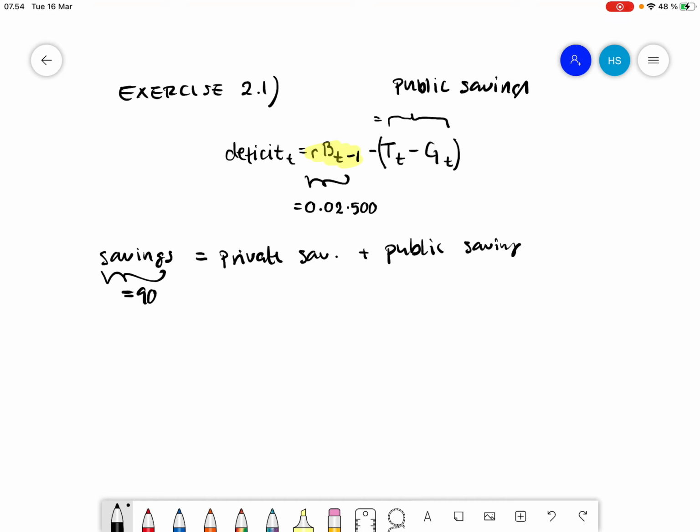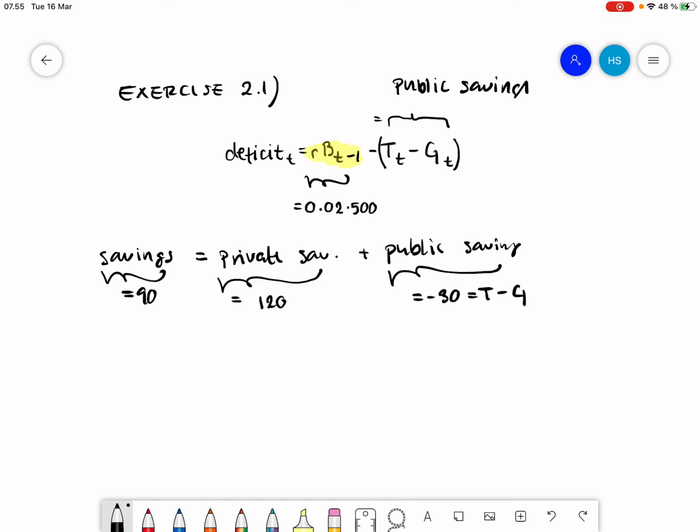What the government saves is the difference between taxes and spending. Private savings are also given, so we have only one unknown variable. This we can solve. Private savings equals 120. As a result, public savings must be equal to minus 30. So taxes minus government spending is equal to minus 30.